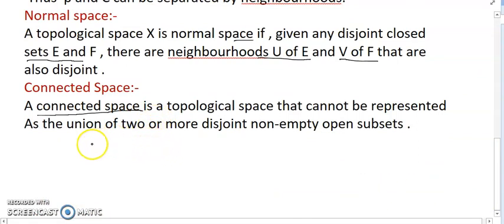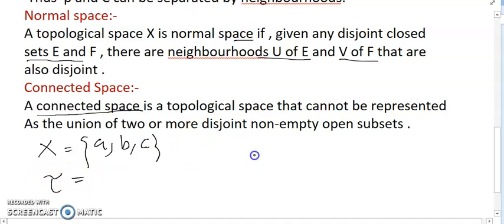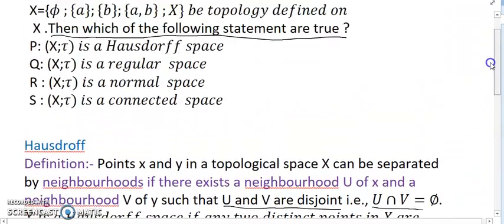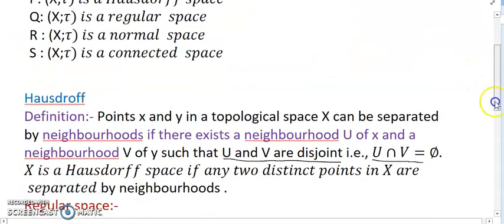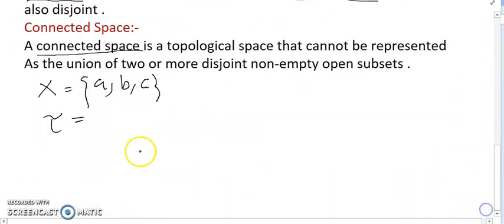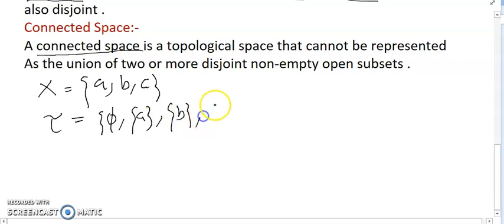What is our problem? Our problem is X equals {a, b, c} and τ equals {φ, {a}, {a, b}, X}.